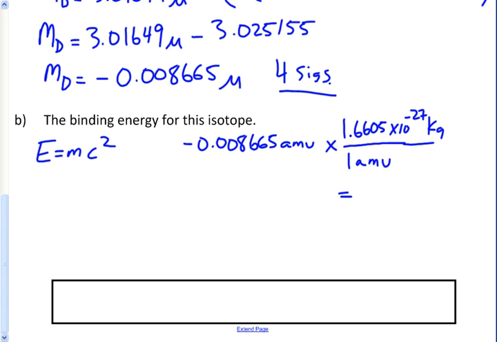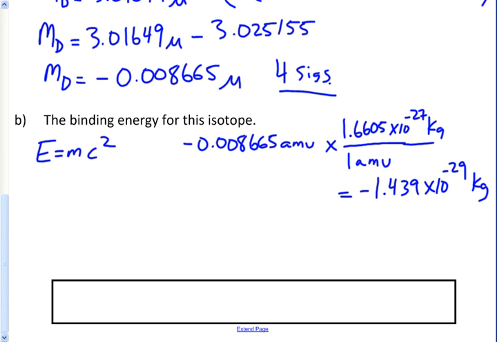You should not have any problems with brackets or anything in this particular case, because you're not dividing. It's going to be negative. Let's go to 4 sig figs. And this will be kilograms.